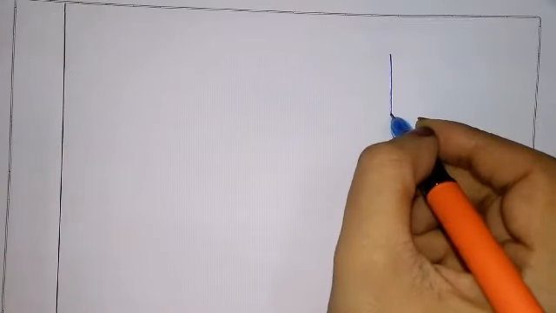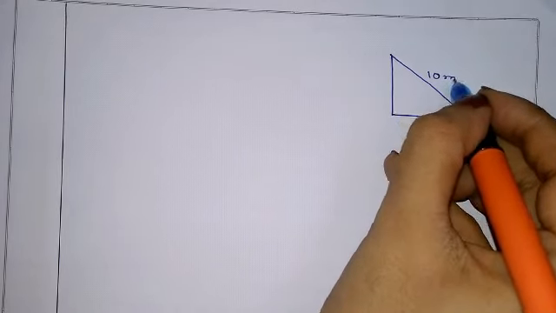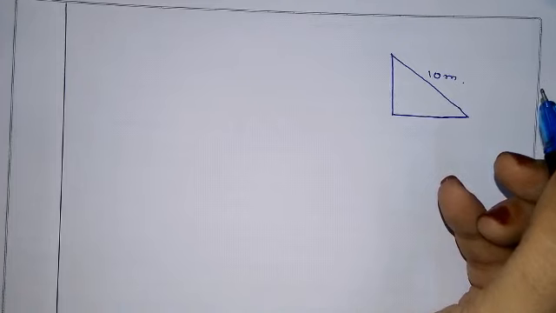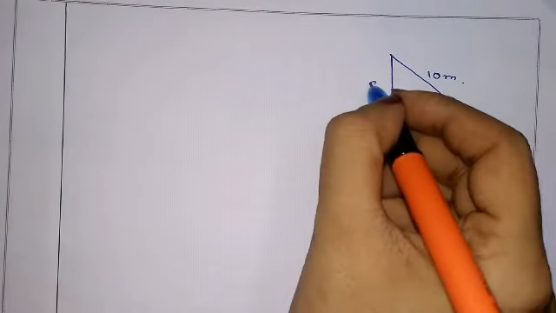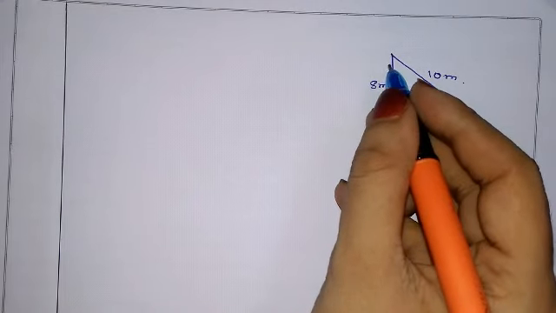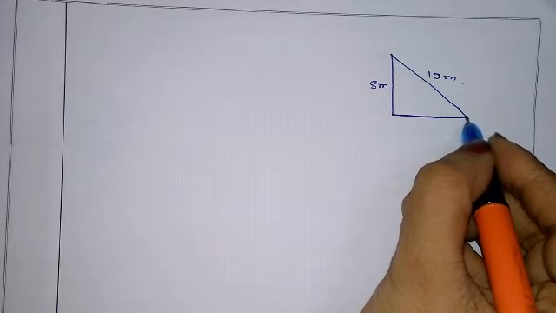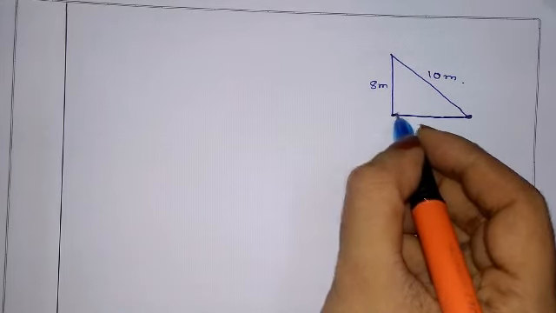A ladder is 10 meter. This is the ground level, so the window is 8 meter above the ground level. Find the distance between the foot of the ladder and the base of the wall.